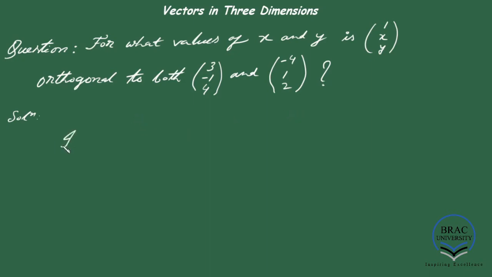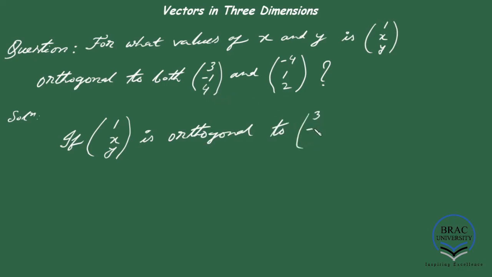So if this vector, the first vector that is given, 1, x, y, these are the entries of the vector, is orthogonal to this vector, in the first case, let's say, this vector has components 3, -1, and 4, then what that implies is that the dot product of these two vectors is equal to 0.